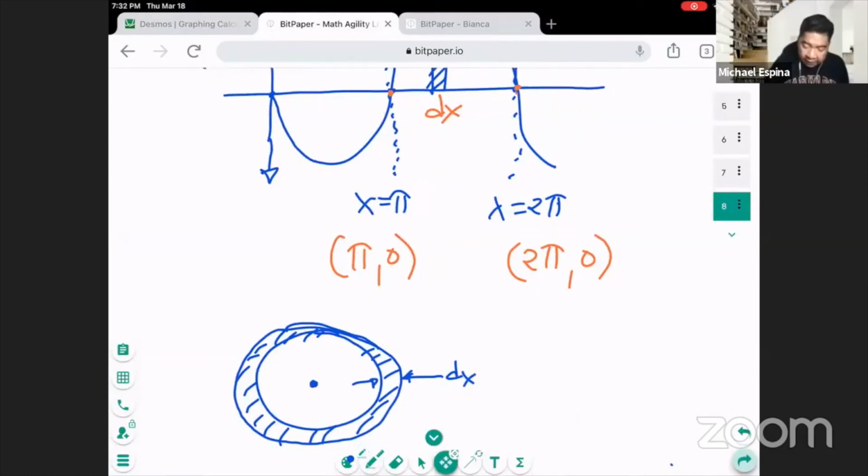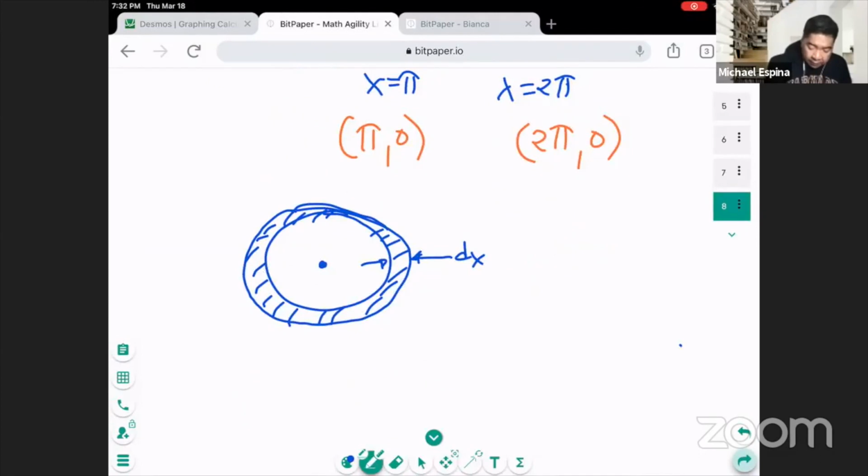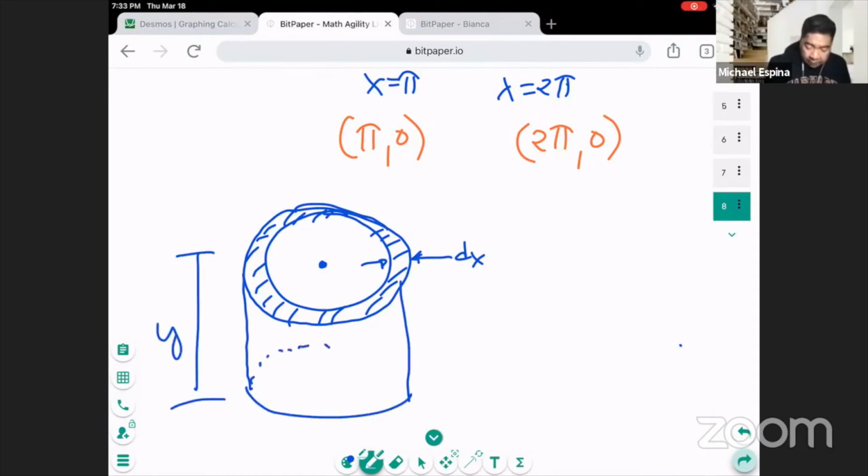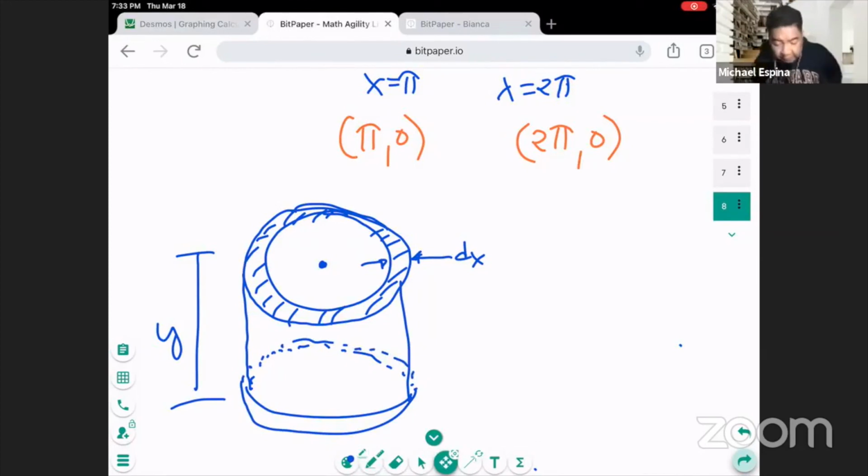And the height would be your y. So our height is y, which is equal to negative 4 sine x.